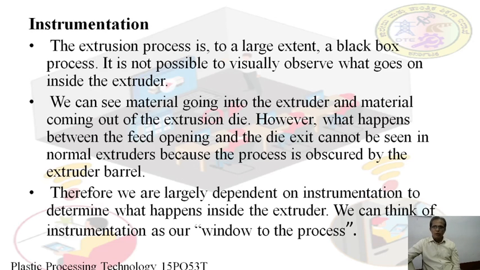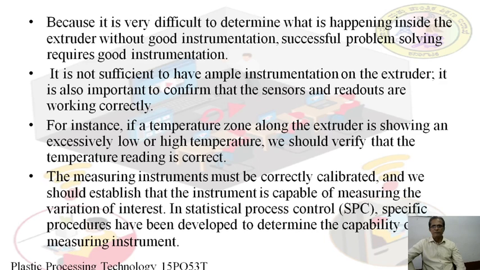However, what happens between the feed opening and the die exit cannot be seen in normal extruders, because the process is obscured by the extruder barrel. Therefore, we are largely dependent on the instrumentation to determine what happens inside the extruder. We can think of instrumentation as our window to the process.